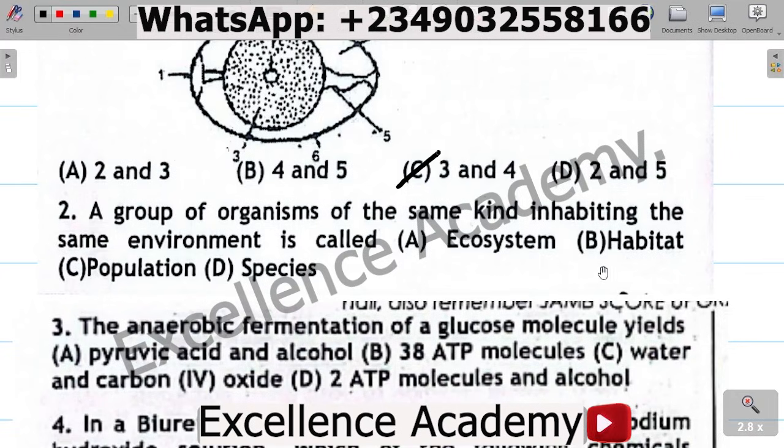B. Habitat. Habitat is simply the dwelling place of an organism. C. Population. Population is seen as a group of organisms of the same species living in a particular habitat at the same time. Option D. Species, which is the correct option, seen as a group of organisms of the same kind inhabiting the same environment.